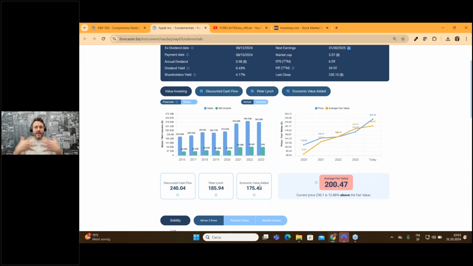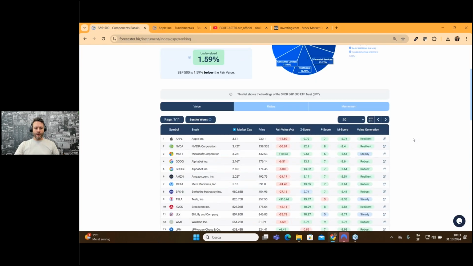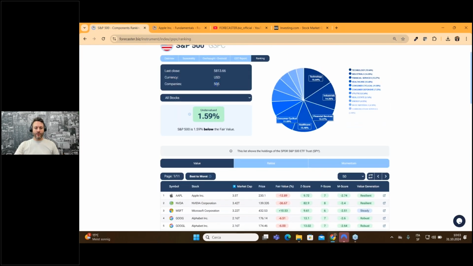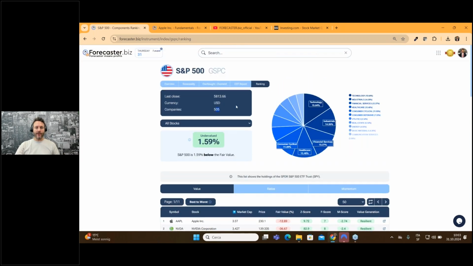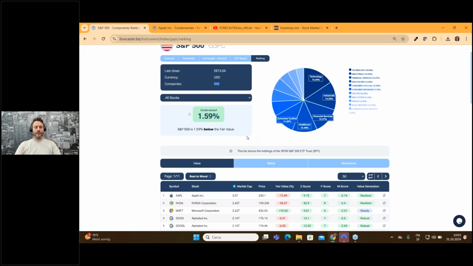We do a mix of these three methods, we do an average, and we can find the fair value here. We know for sure the fair value of all 505 components of the S&P 500, every single share, and this is why we can tell you if the index is over or undervalued.